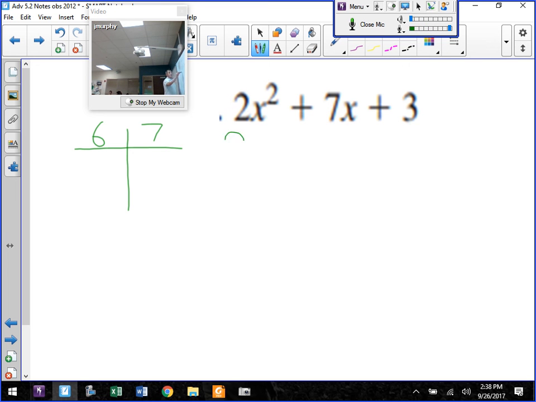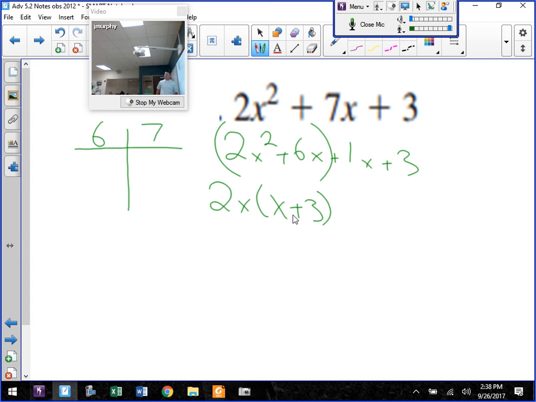So let's see here. We have 2x squared plus 6x plus 1x plus 3. What's your GCF of the first two? 2x, good. What's a GCF of 1x and a 3? 1. If nothing there, 1's there.